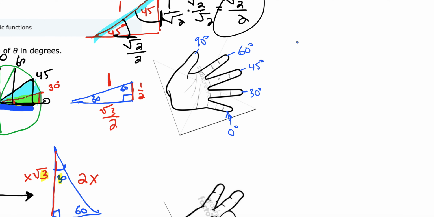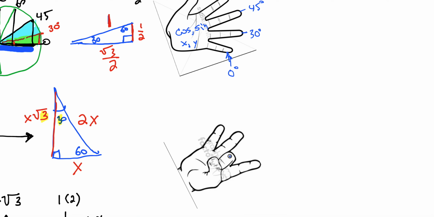Remember it's cosine, comma, sine. It's x, comma, y. Your pull down finger, this one right here, is your comma.